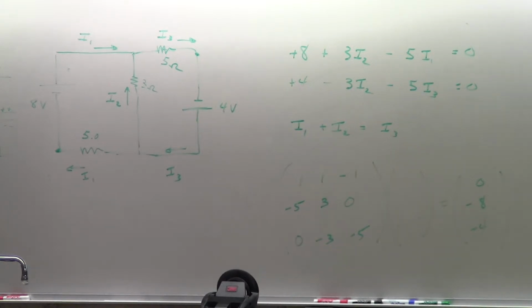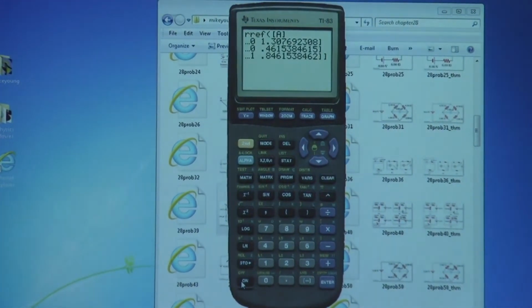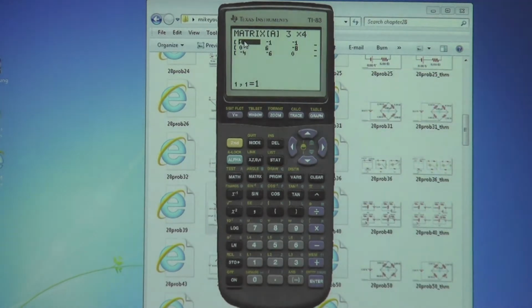So, I'll give you a chance to do this one a second time and show you the calculator again. I gotta turn it on. I need a 3 by 4 matrix, which is what I had before, so I don't need to change any of that. I probably need to change my numbers, though. The first row is 1, 1, -1, 0.